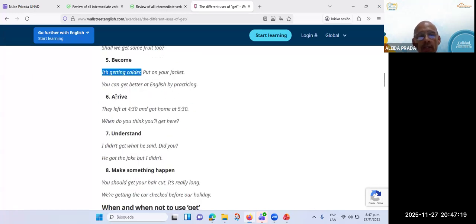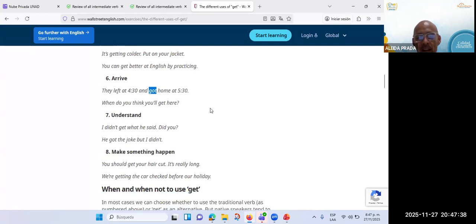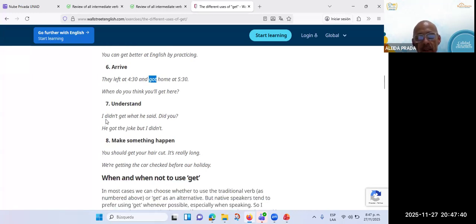You can use the verb like arrive. They left at 4:30 and got home at 5:30. You can say arrive home or you can say got home and it's the same. Okay? Understand, and this is a very, very used meaning of the verb get.